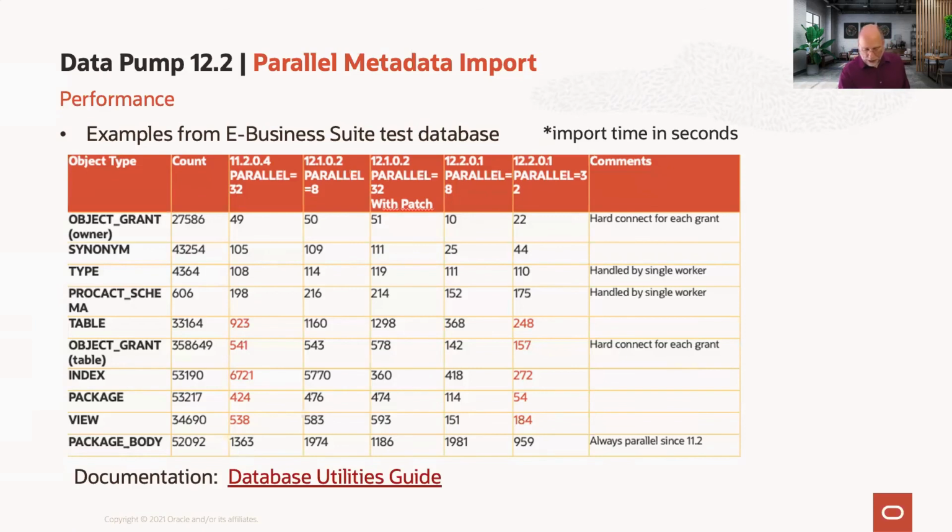And then package bodies, we've done package bodies in parallel even since 11.2, but as you can see, there is some improvement the more parallel you go. So we find that parallel metadata is a huge win for customers going to 12.2 and later. So if you've never had this with 11.2.0.4 and 12.1.0.2, if you import in 19c, you're going to get the advantage of that, even if you don't export with parallelism.